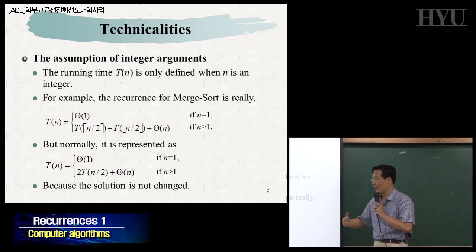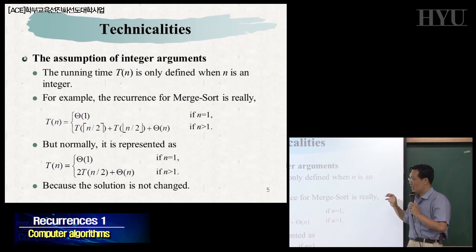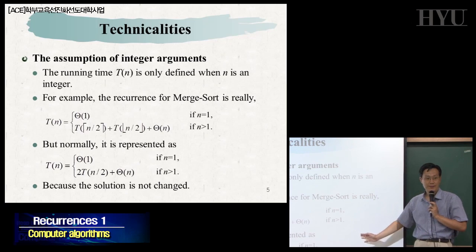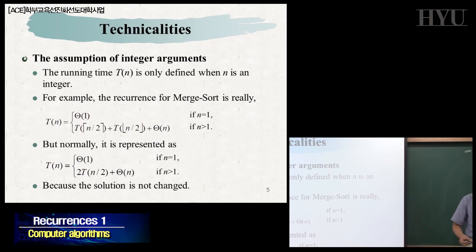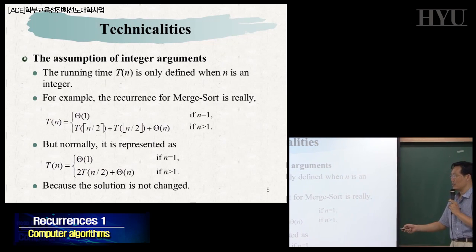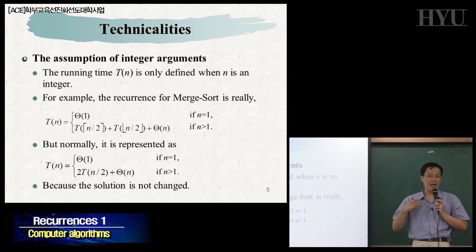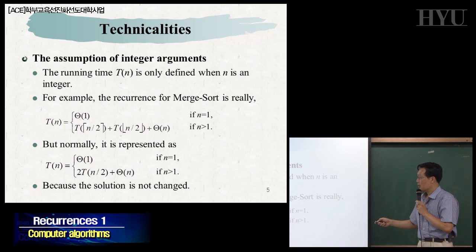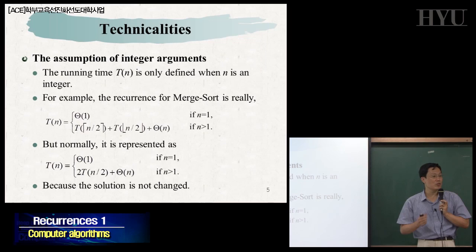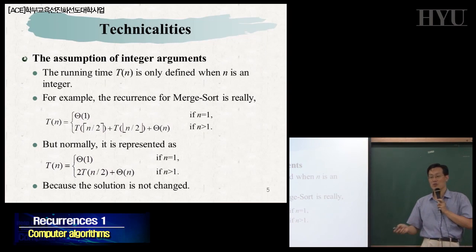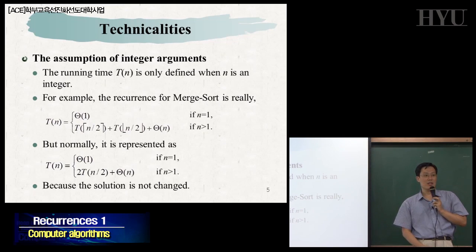So to reflect that, the actual recurrence should be like that. But usually it is represented like this, because after we solve the recurrence, the solutions of these two recurrences are the same. So we usually solve the simpler one.